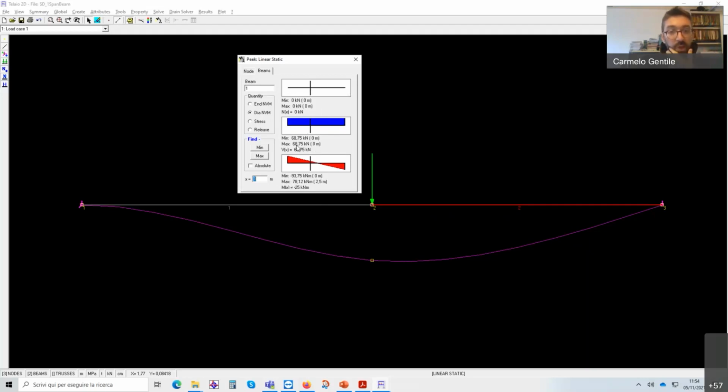And so it tells us not only the minimum and the maximum shear force, axial force is the first one, shear force the second one, bending moment the last one, but it also tells us the value of the shear force in this node, the axial force in this node, the shear force in this node, and the bending moment in this node, so that we can find, for example, the maximum values of bending moment where it is not clear to understand where it is.